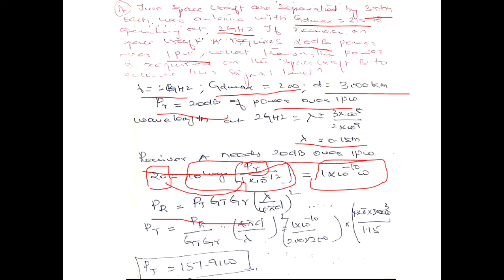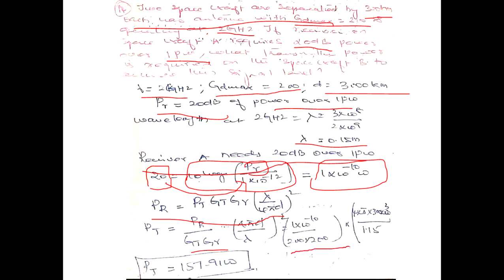Then you know the formula for received power according to the Friis formula, that is PT GT GR into lambda by 4 pi D the whole square. Substituting all the given values, GT and GR are both 200 since each has an antenna with the given gain, so both the transmitting and receiving antennas have the gain of 200.